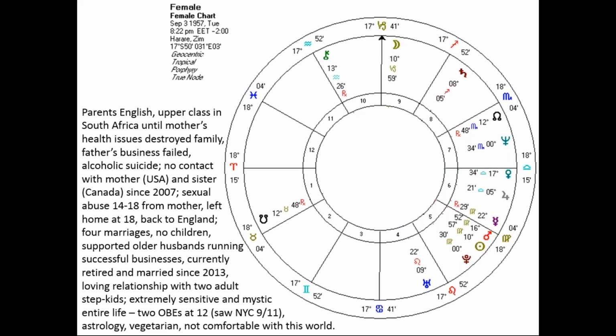And let's say Chiron was not retrograde in this example. However, one of the rulers of Chiron would be retrograde.